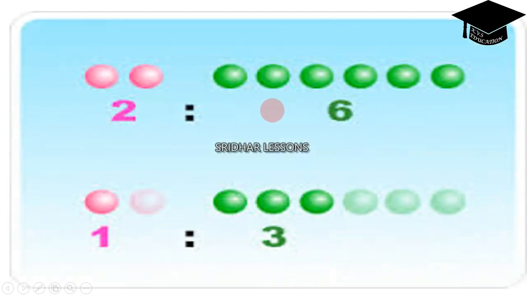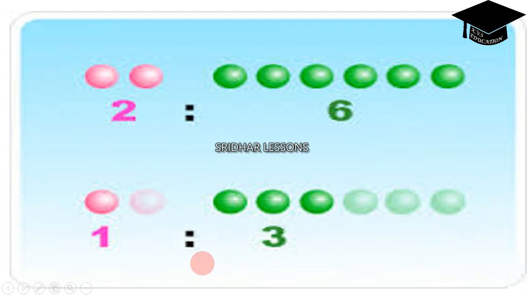Next, see this one. Here we have two red colored balloons, and here we have 1, 2, 3, 4, 5, 6 green colored balloons. This is the ratio 2:6, which is also equal to 1:3. That is, 1 red balloon and 3 green balloons.